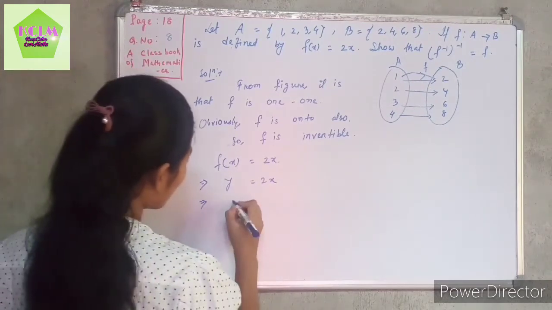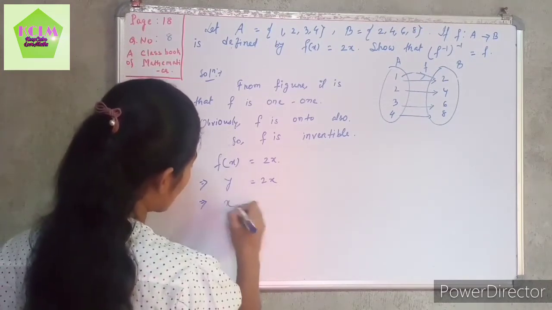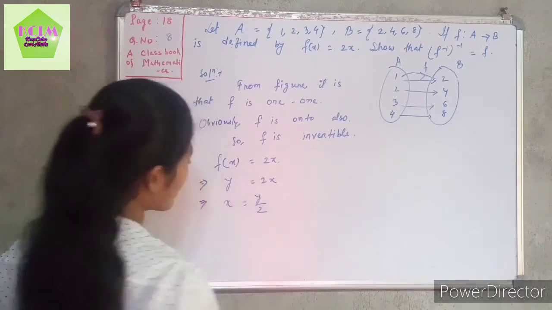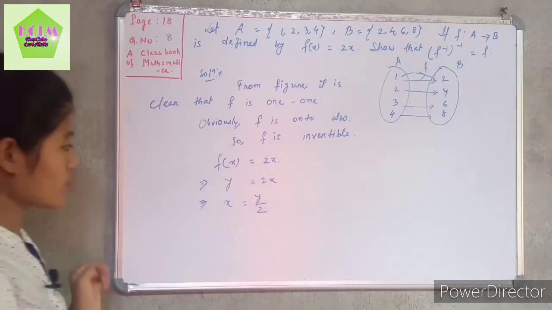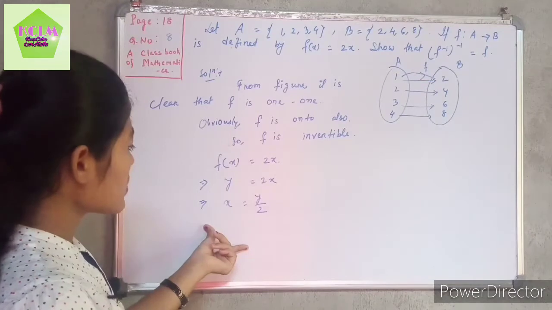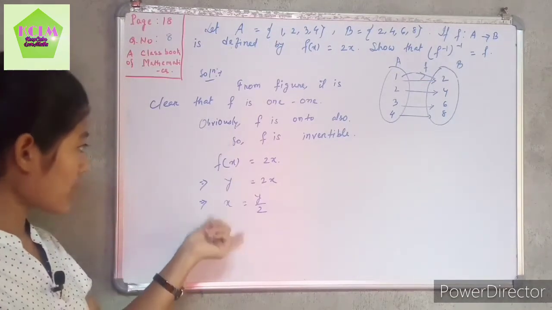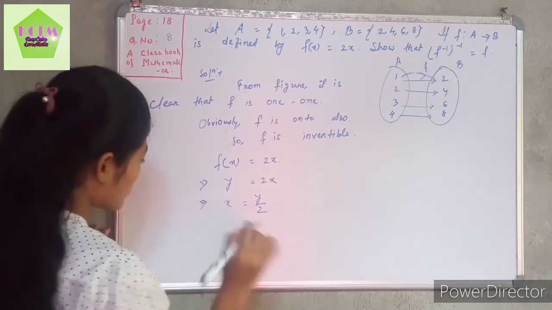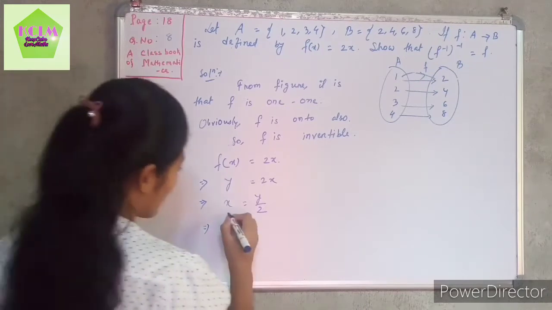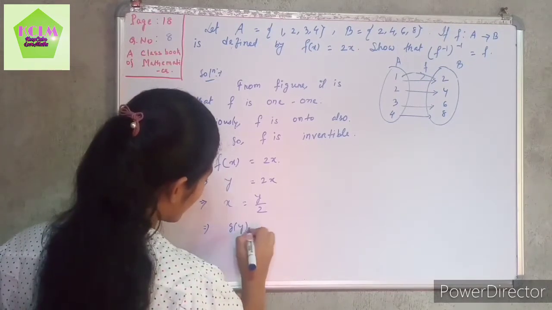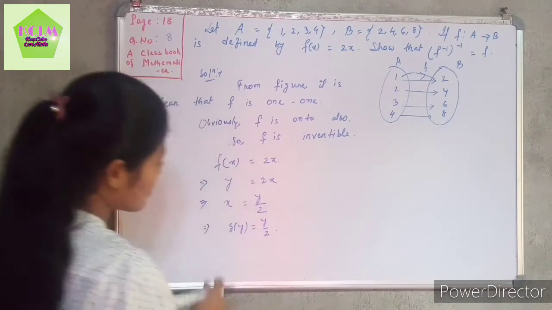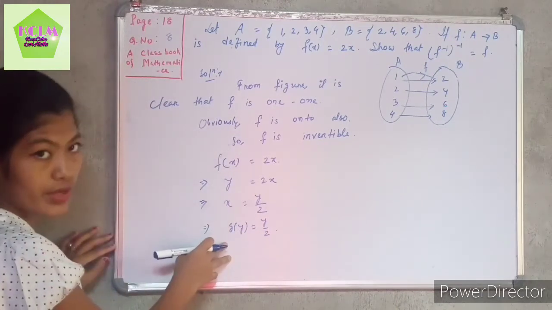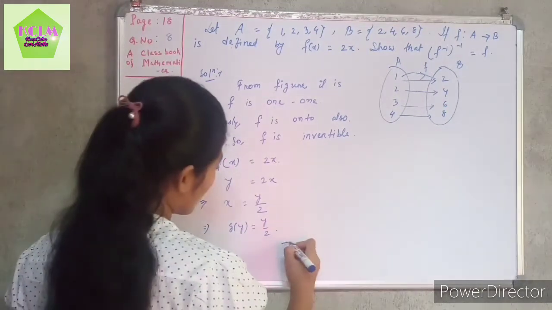Now we express x in terms of y, then it will be x equal y by 2. Now, x is nothing but another function g of y, right? We can write x as g of y. So here we have done this.